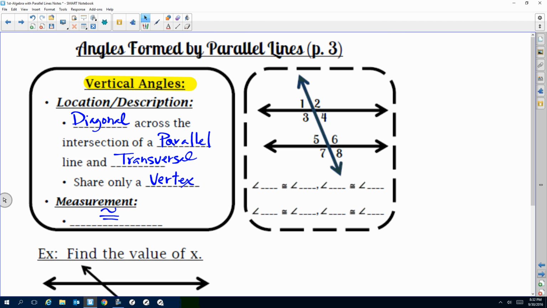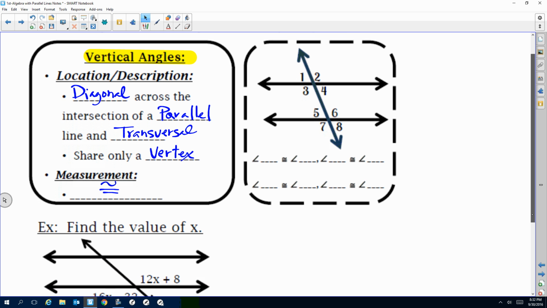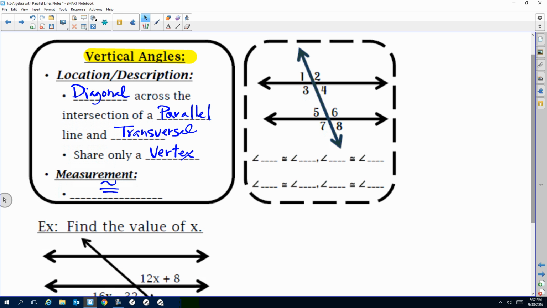And then our last page, page 3, is just reviewing the same angle pairs that we're going to use. You're still going to use them to problem solve because they exist on parallel lines as well. You have vertical angles, which are basically across diagonal or across the intersection of a parallel line and a transversal. And it shows only a vertex. So I have a look at my vertex.